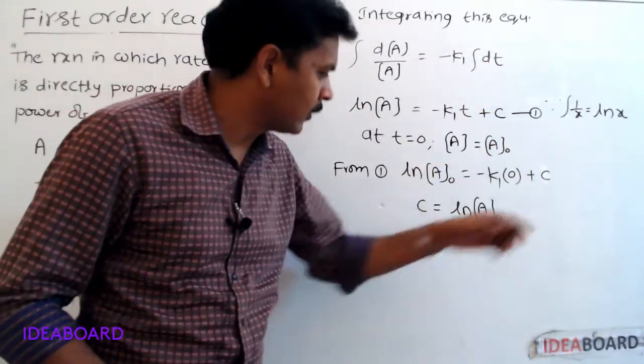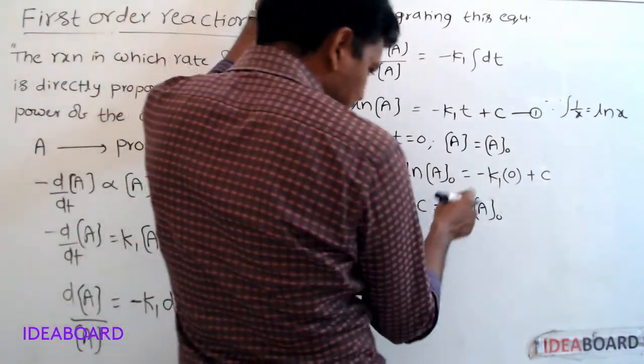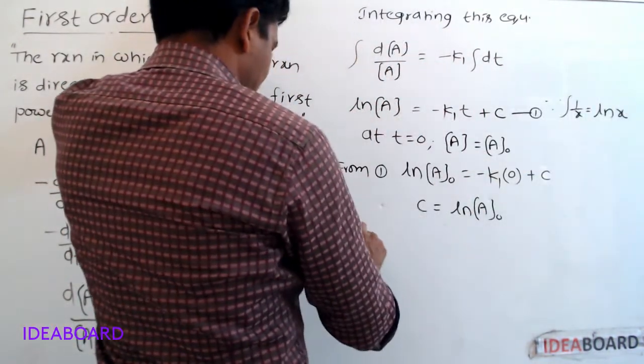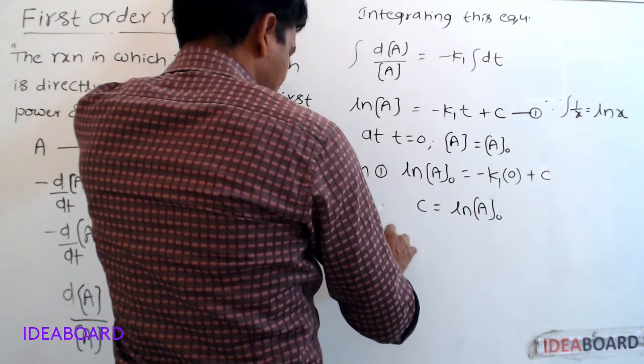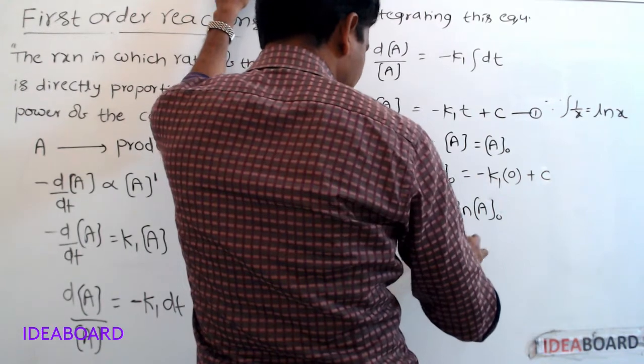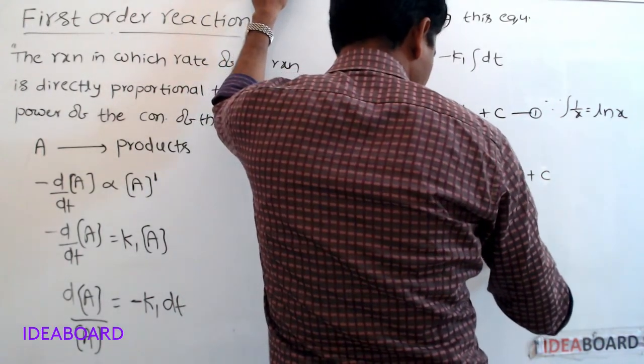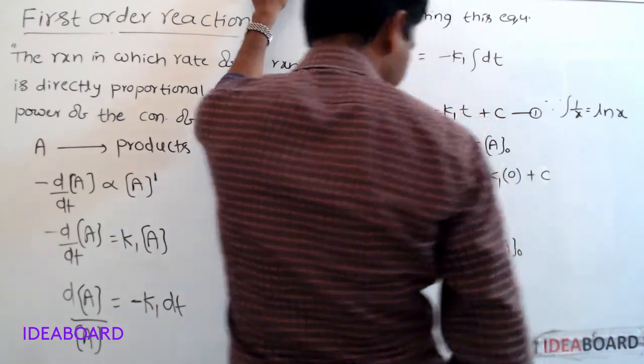Putting this C value in equation 1, log A is equal to minus K1 into t plus log A naught.